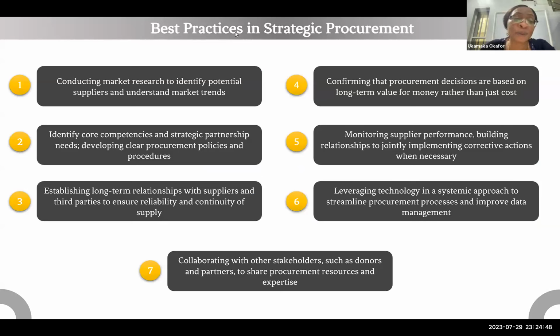So Sanjay has spoken about strategic procurement. He has explained the concepts. He has also spoken about the steps and how to do it. So I want to talk about the best practices in strategic procurement. So one of the best practices is conducting market research to identify potential suppliers and understand market trends.